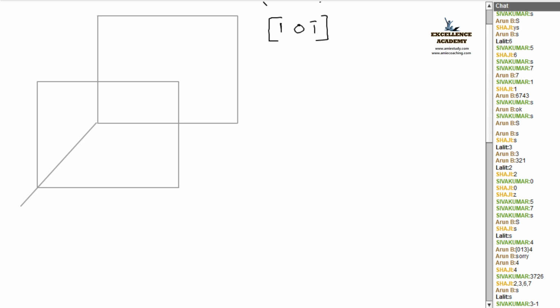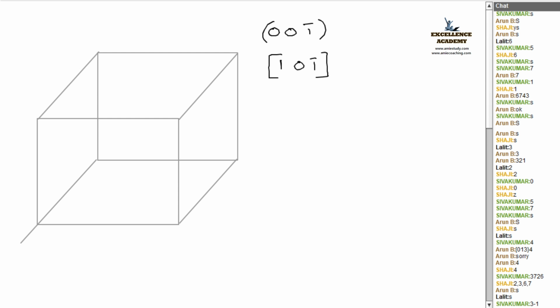This is my x-axis. This is my origin, 1 2 3, and my z, my y. This is my x.